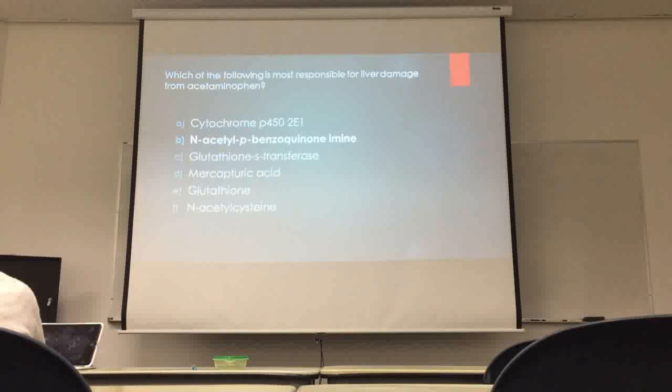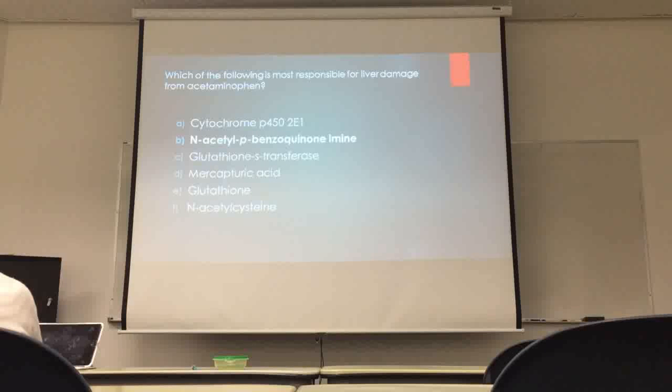So you're right that A metabolizes acetaminophen into N-acetyl-p-benzoquinone imine, which is NAPQI. NAPQI is responsible for the liver damage. And mercapturic acid is a degraded form of NAPQI through glutathione transferase, right?